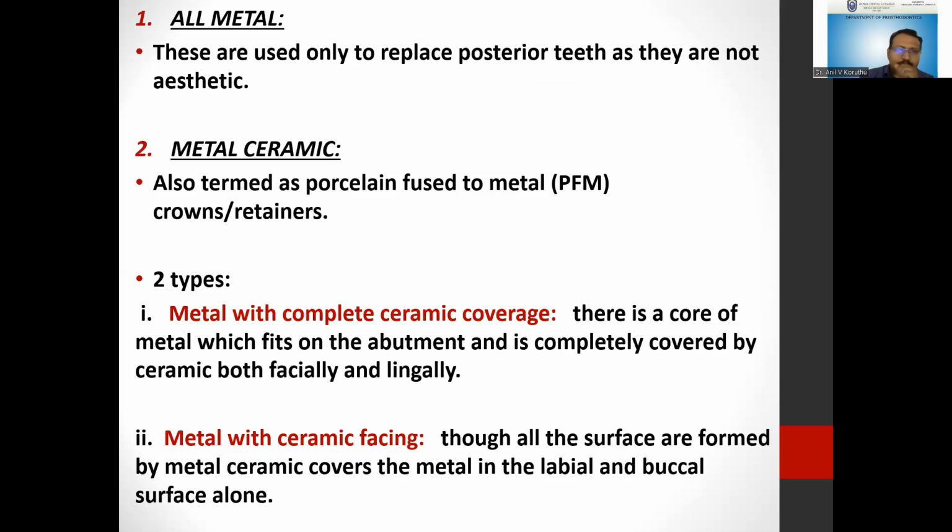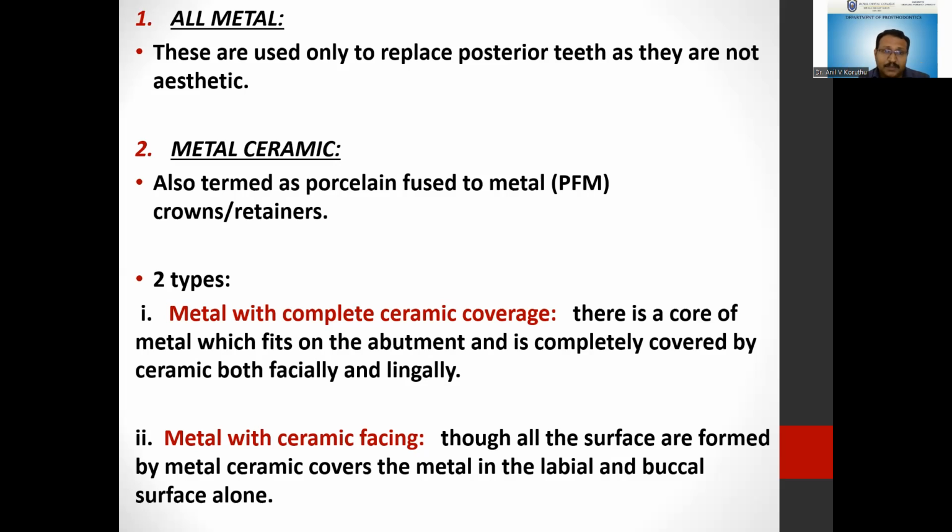So all metal means they used to replace the posterior teeth, as they are not in the aesthetic area. The crown is going to be covered with a tooth-shaped metal cover, or else the tube-shaped crowns. Okay, fully in metal shape.